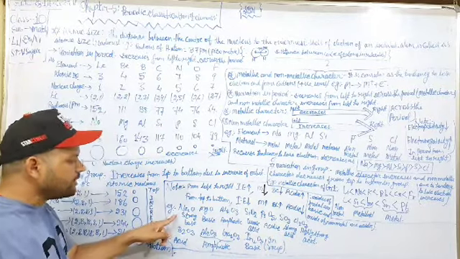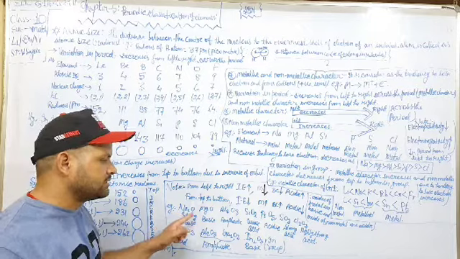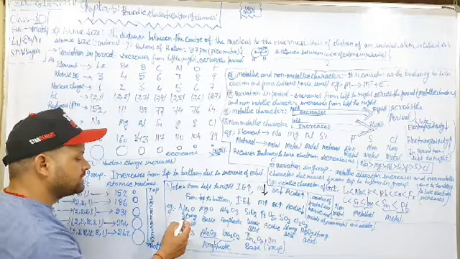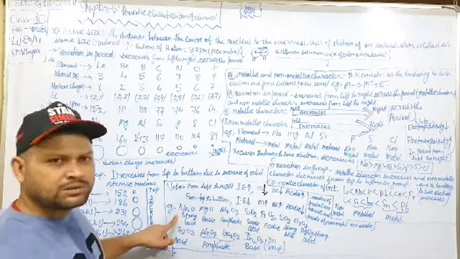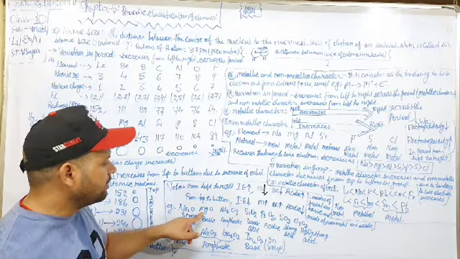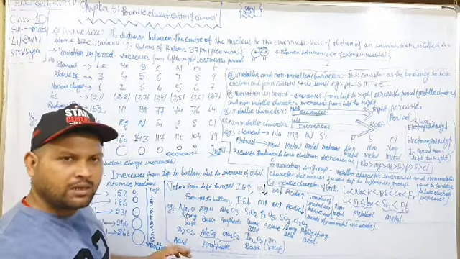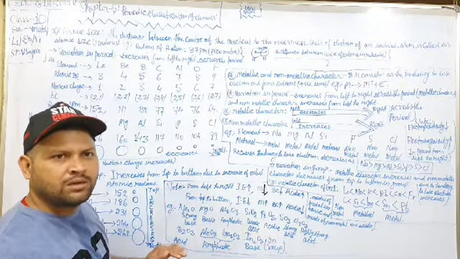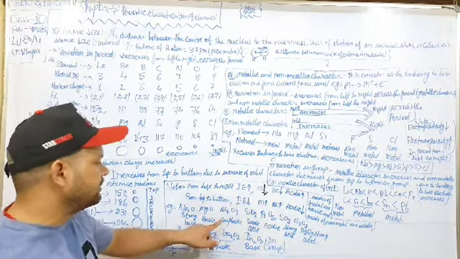Then I am giving examples of the third period. Here sodium combines with oxygen to make oxide. It is a strong base, and the oxide of magnesium is basic, but in comparison to sodium it shows less basic character.